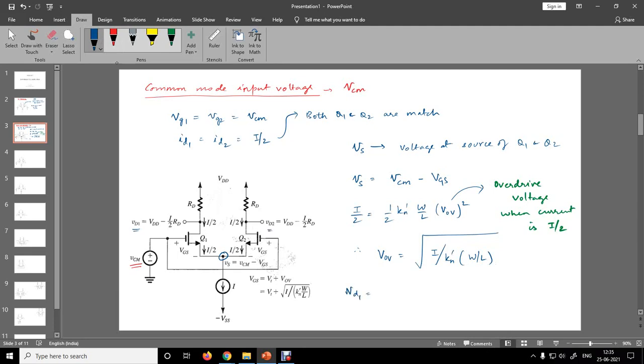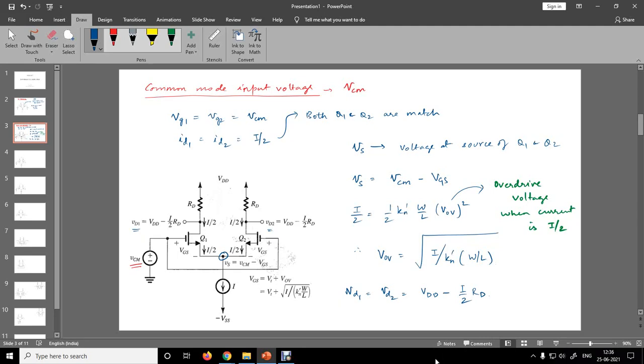VD1 is equal to VD2 is equal to VDD minus the voltage drop across RD, so VDD minus I by 2 into RD. So this is the analysis part.